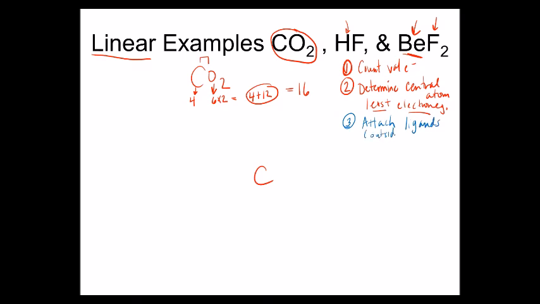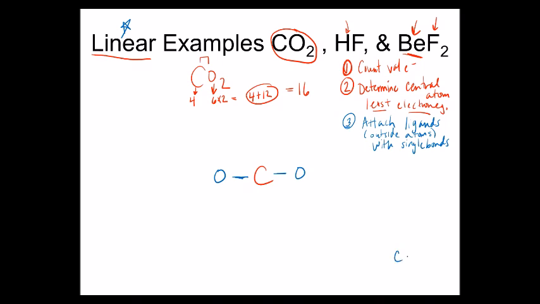They're the outside atoms, the ones that go around the central atom. Now I'm going to attach them with single bonds. And since I know this is in the linear domain, I'm going to draw it linear. I know that because we say up here that this is linear.